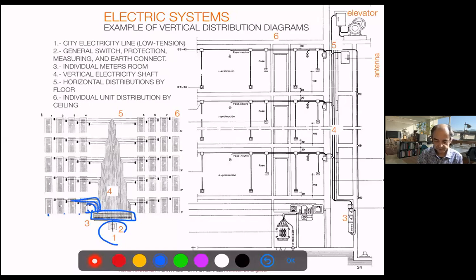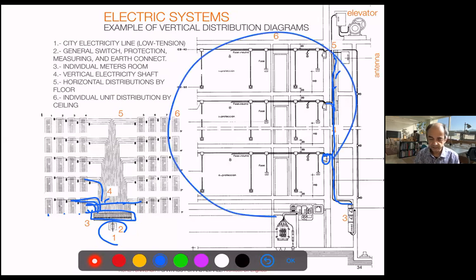So you have a shaft with the cables. This is the scale drawing, right? So you will have each cable going directly to each unit. And you have the switch room, and then you have lines and connection boxes and so on. You have some basic dimensions. If you want a bit more detail, we don't have time for that.